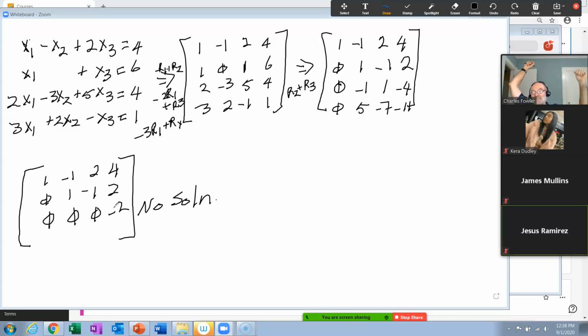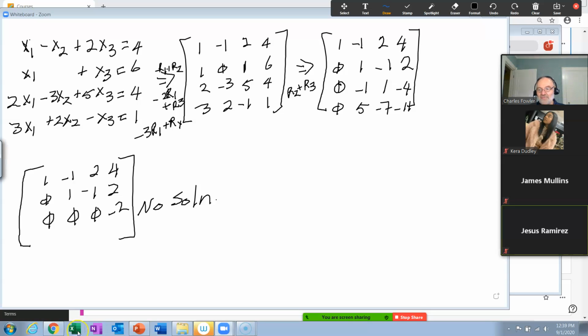If that on the right was a 0, yeah, move it to the bottom, you're okay. But if it's not 0, then you have no solution. There is no way 0 can equal anything other than 0. Okay? No solution. Okay, any other questions on this problem?